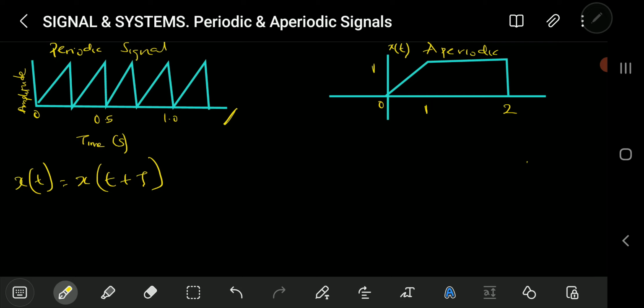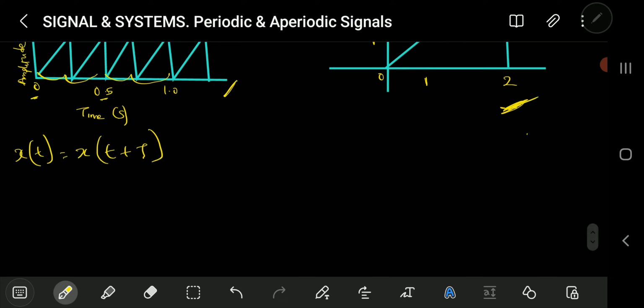From 0 to 0.5, it's the same interval, and it increases by 0.5 each time. So there's a regular interval at which it repeats itself, which makes it a periodic signal. But once it does not satisfy this, we conclude that it's an aperiodic signal. An example is the diagram we have here.